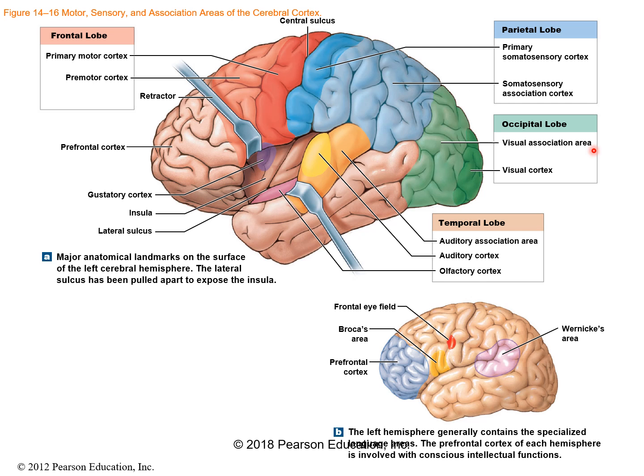So, for example, the somatosensory association cortex helps monitor what's coming in on that primary somatosensory cortex, right? It helps interpret the incoming data for that brain region.